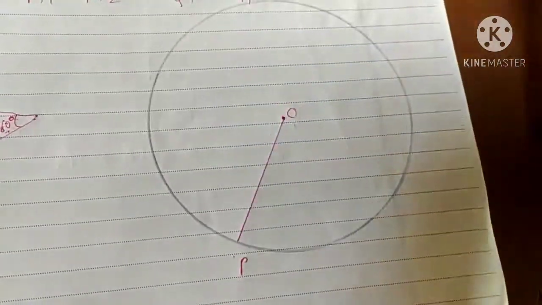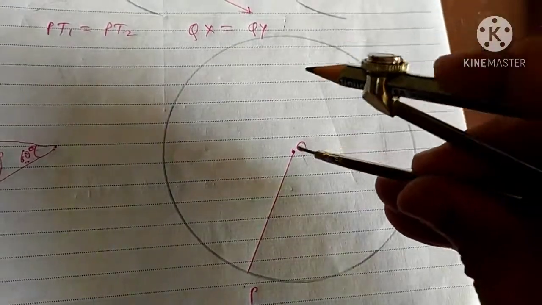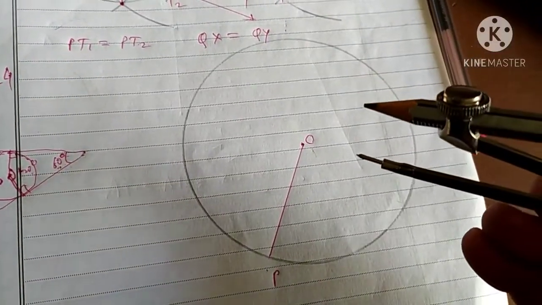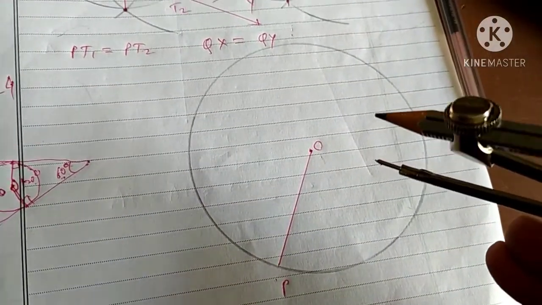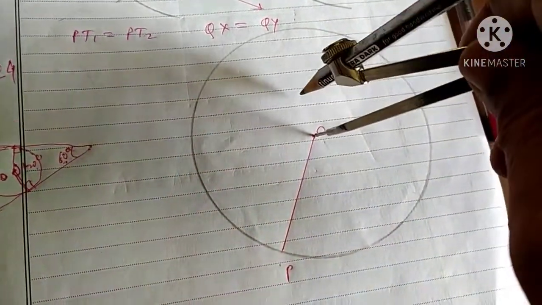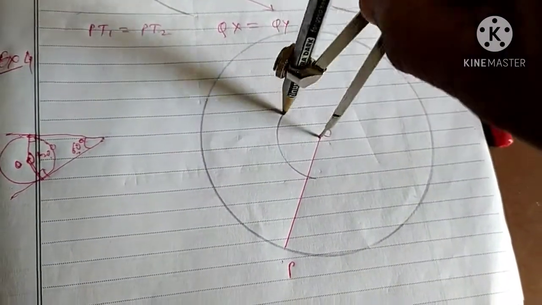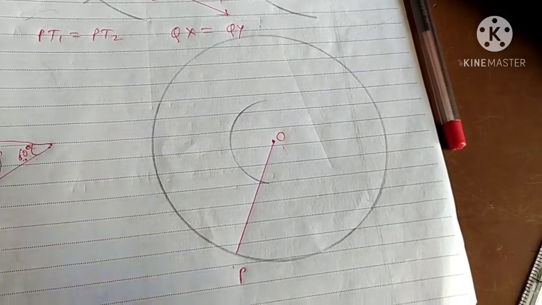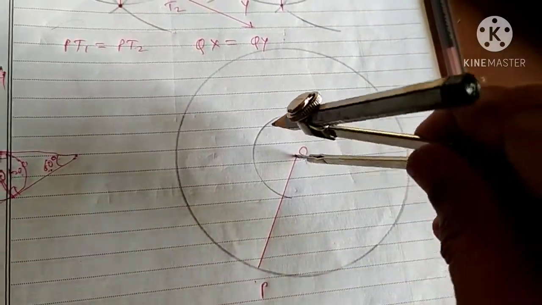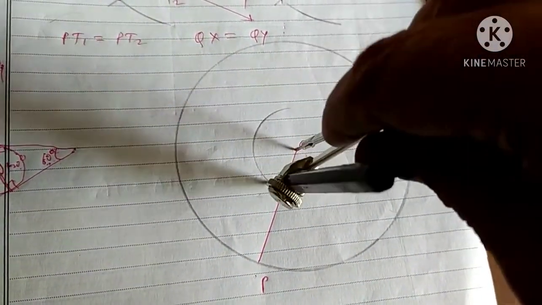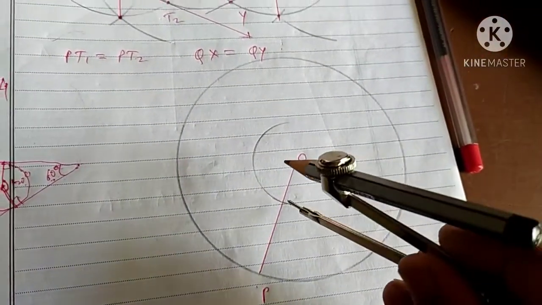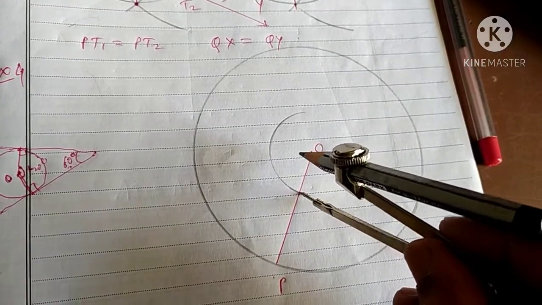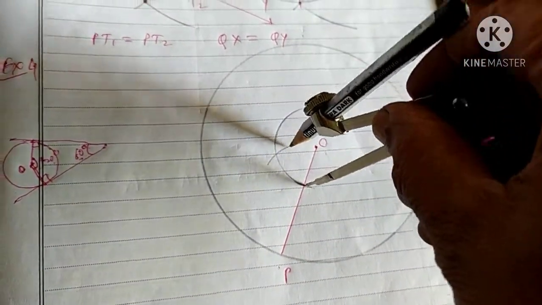Yes or no? See, I am taking the compass. Center O, suitable radius. You know how to construct a 60 degree angle and 120 degree angle using compasses. Then draw an arc which cuts OP at this point. Again, with this point as center and same radius, draw an arc.